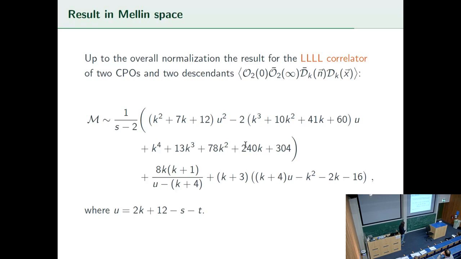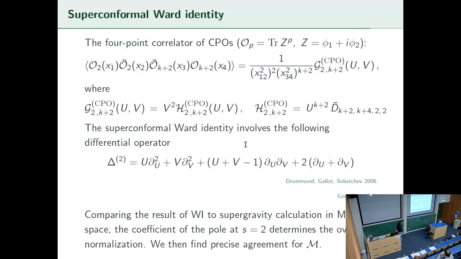So to fix this normalization, we would like to compare this supergravity result to the 4-point correlator of 4 chiral primaries of dimension 2 and k plus 2.